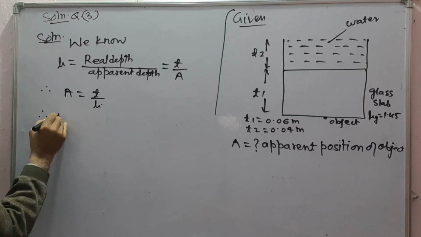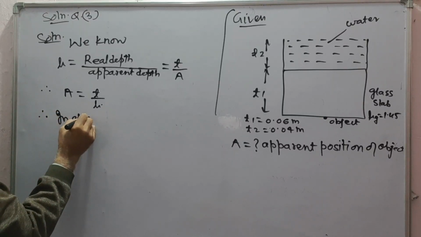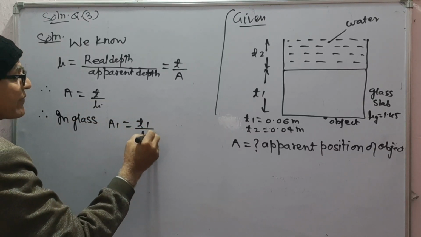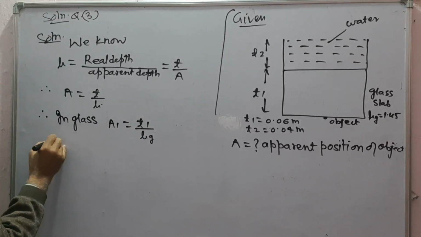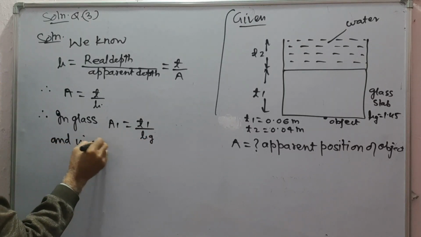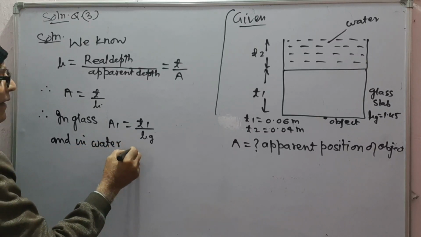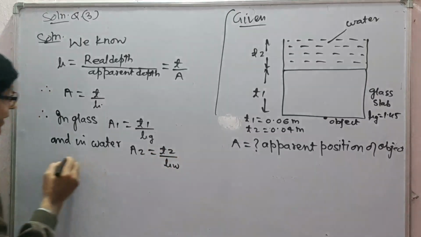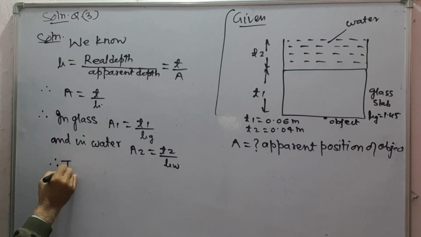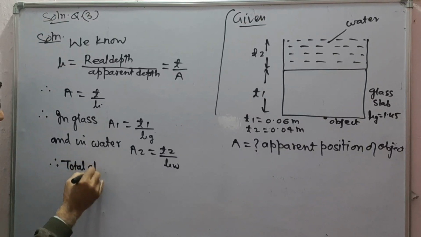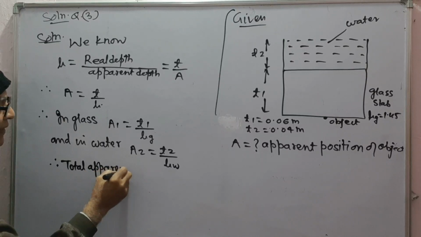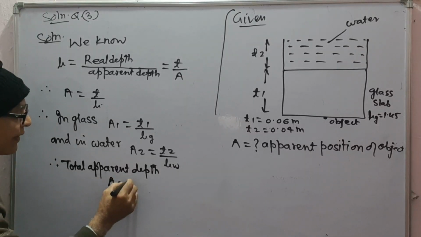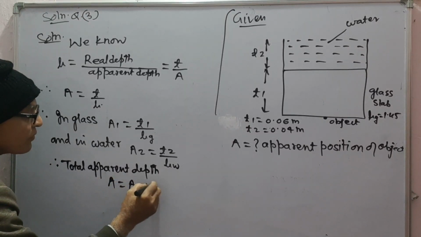Therefore, in glass, A1 will be equal to T1 upon mu glass, and in water, A2 will be equal to T2 upon mu water. Therefore, total apparent depth A will be equal to A1 plus A2.